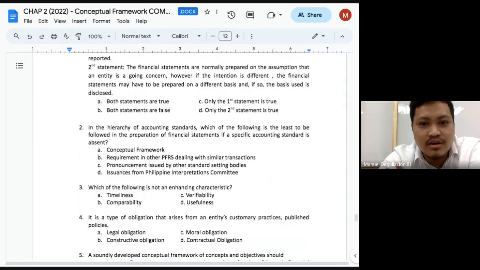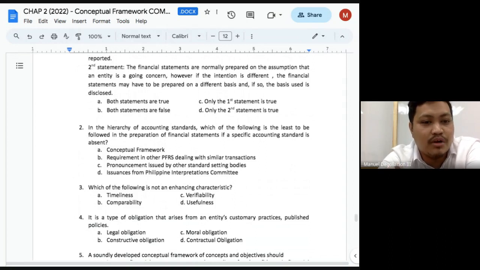In case of lack of a specific accounting standard, class, governing your transaction, which of these 4 do you think should be given the most significant weight or consideration?